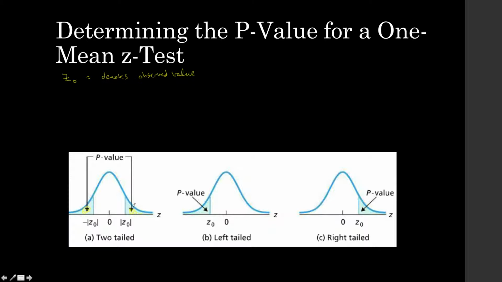Not just one of them, both of them together give you your p-value. Alright, so with a left-tailed test, this is the one we just did, the p-value is here. It's the area to the left of the observed value. On a right-tailed test, it's going to be the area to the right.